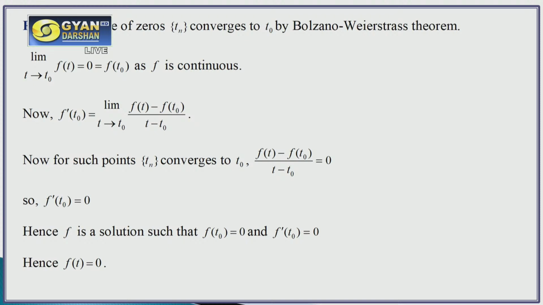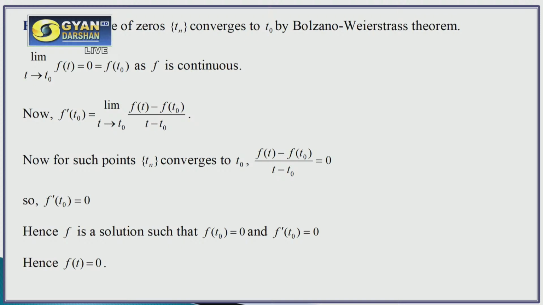So what is f dash t0? If we look at this definition of the derivative, as t tends to t0, this limit should exist. So we can approach t0 as per our choice of points.